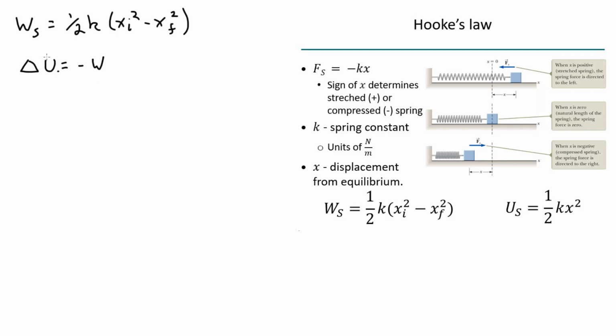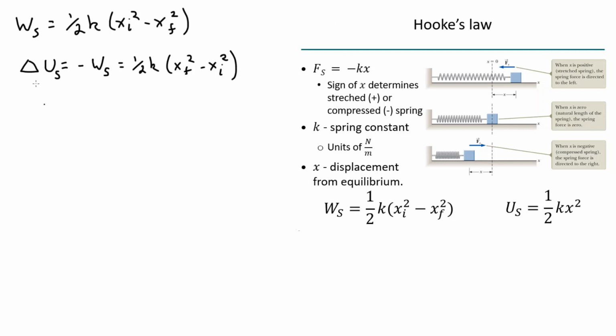In this case, the conservative force is the spring force, so we're calculating delta U spring. This equals minus W spring, minus the work done by the spring. So this just equals 1/2 k times x final squared minus x initial squared. The minus sign just switches the order of the subtraction here.